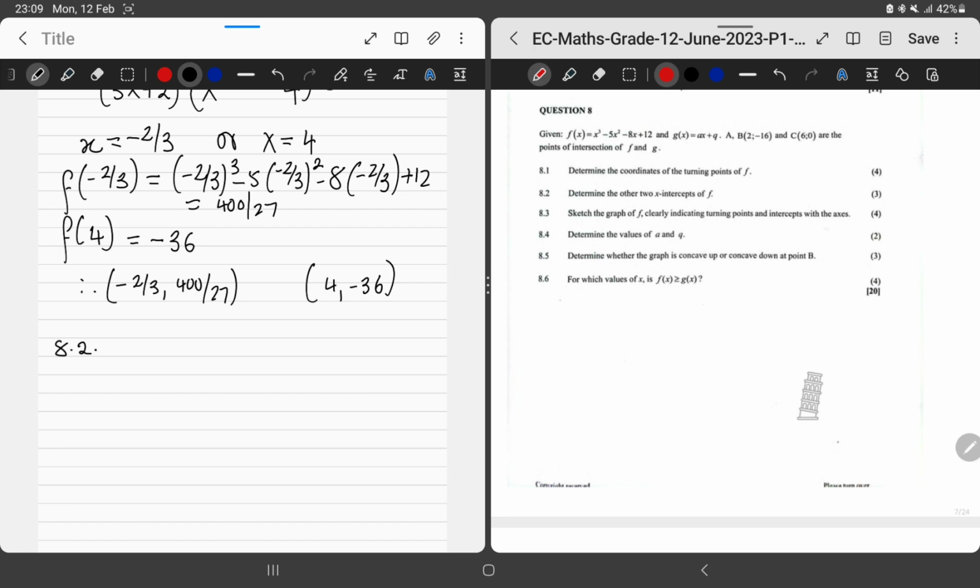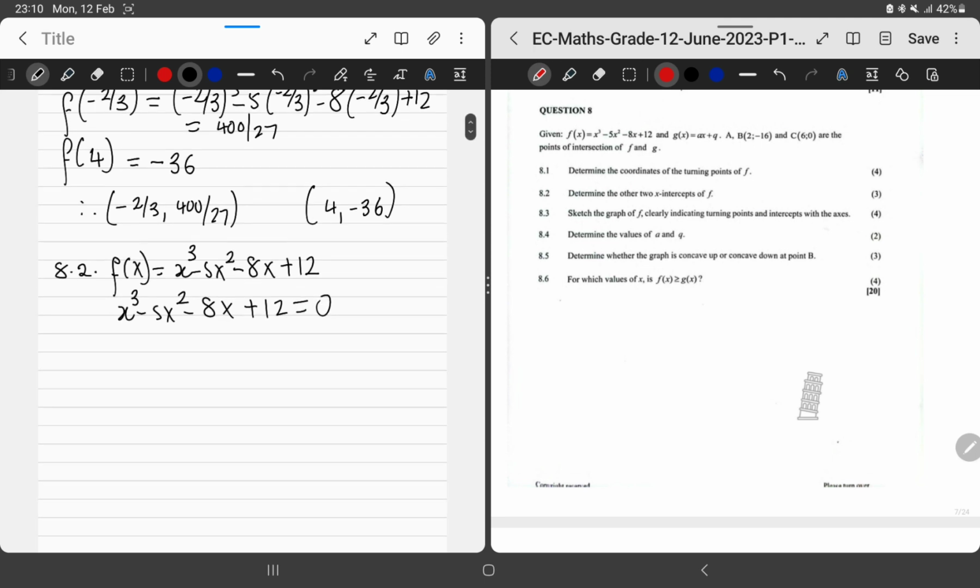8.2. Determine the other two x-intercepts of f. f(x) is equal to x cubed minus 5x squared minus 8x plus 12. For the x-intercepts, we let y equal 0. This is x cubed minus 5x squared minus 8x plus 12, which is equal to 0.